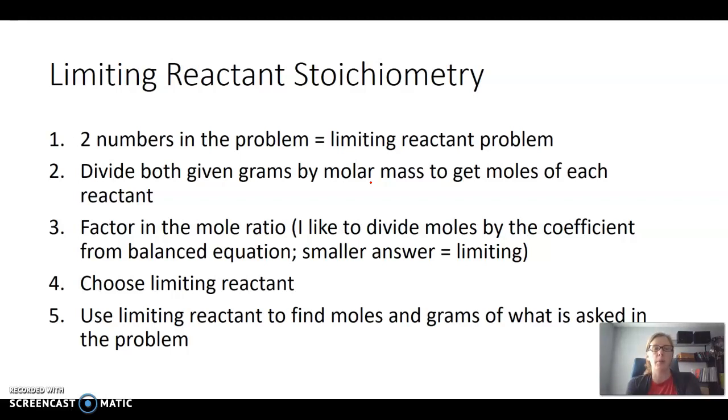So you have to divide both of the given grams by the molar mass of each element or compound to get the moles. Then we need to factor in the mole ratio. So like I showed you, I'd like to divide the moles by the coefficient from the balanced chemical equation, giving me this mole to coefficient ratio, and the smaller mole to coefficient ratio is your limiting reactant.